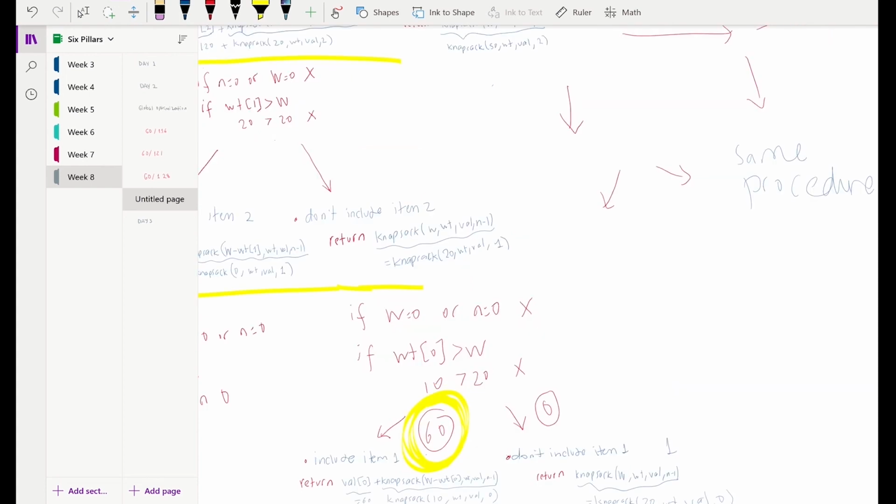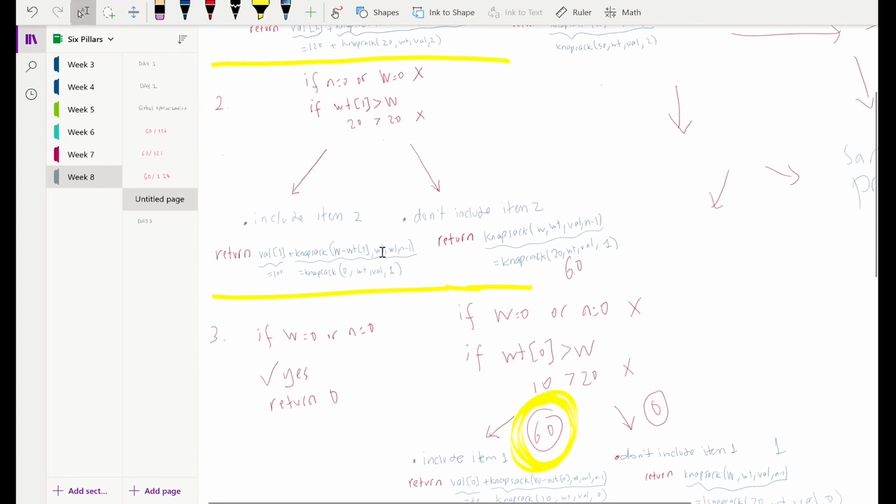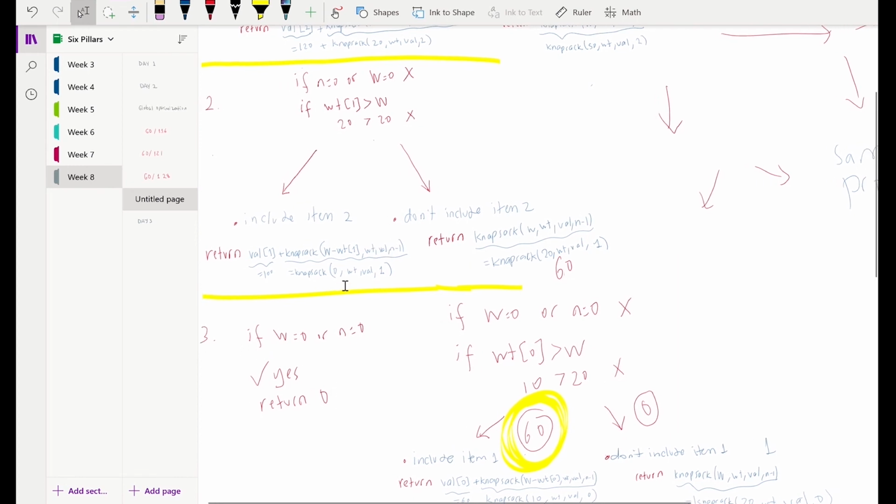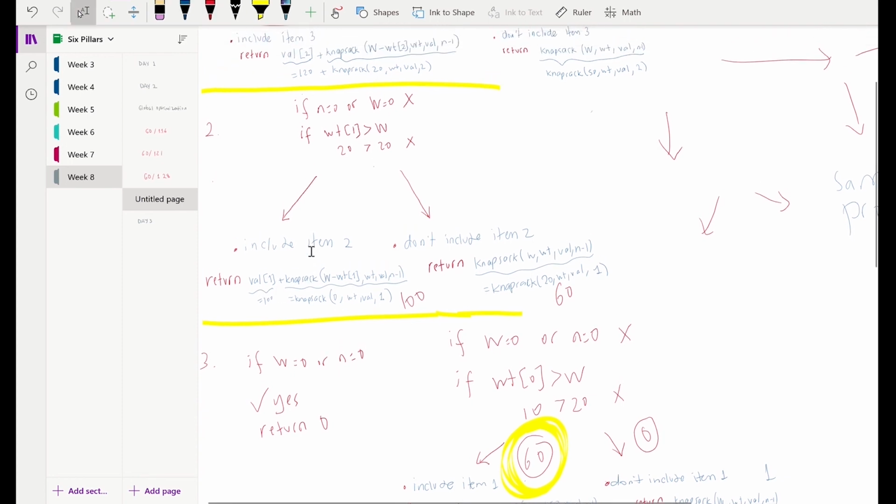So not including item 2 here, 60. Including item 2, this is 0, this is 0, 100 plus 0 is 100. Including item 2 is 100.